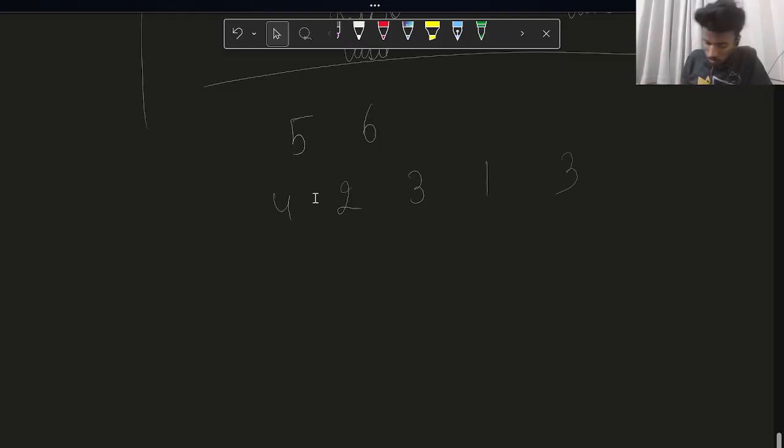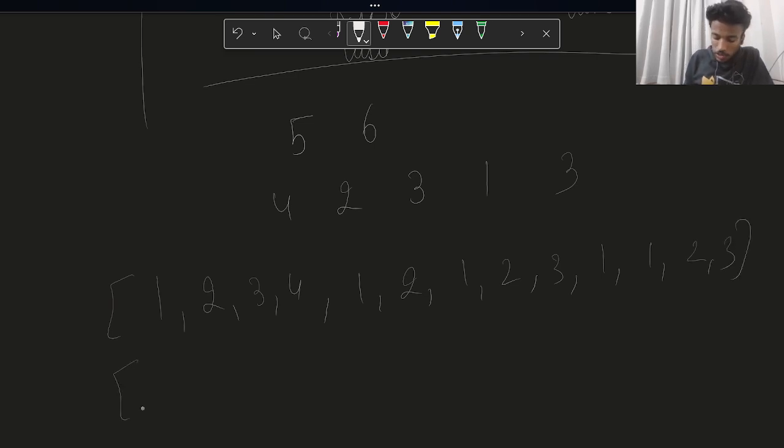So yeah, this was your array. 1, 2, 3, 4. 1, 2, 1, 2, 3. 1 and 1, 2, 3. Okay. And the prefix sum we calculate. I think I don't need this. Prefix sum is all that is sufficient.